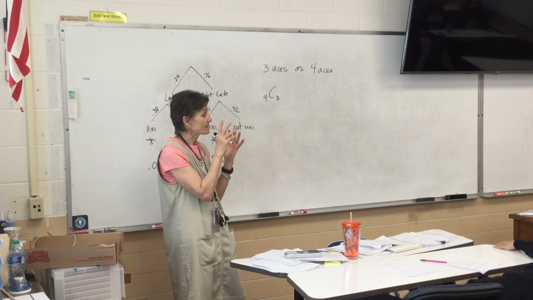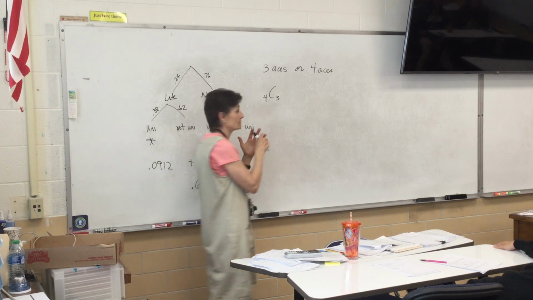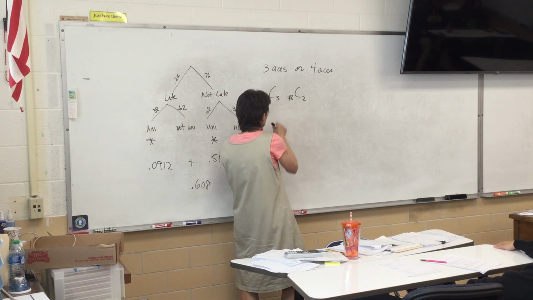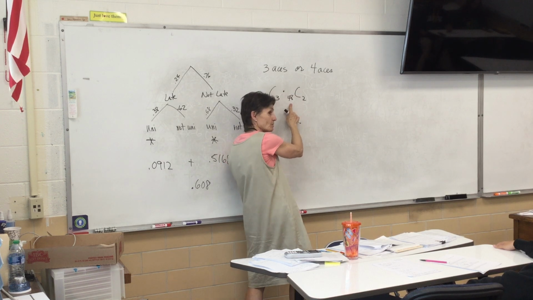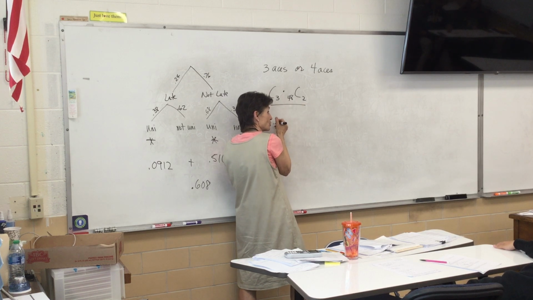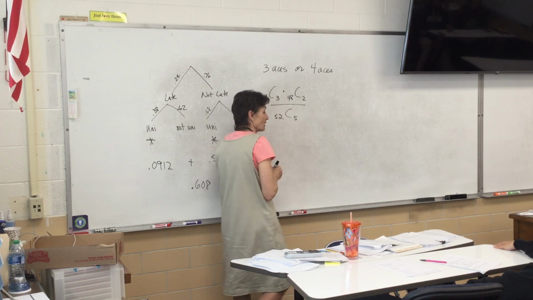So how many something else cards are there in the deck? 48. And I need 2 of those. So this is 3 aces and 2 others, divided by, what's the total number of hands? 52C5, if they're 5-card hands.